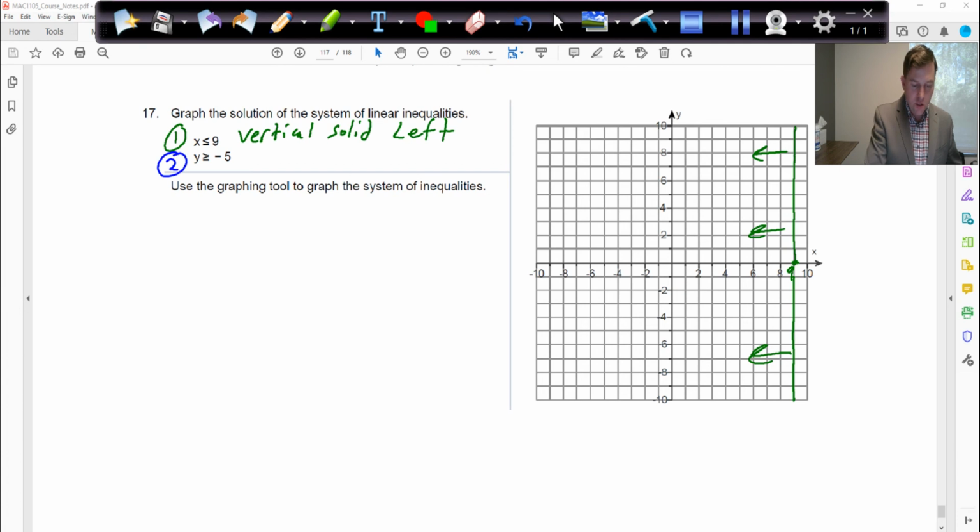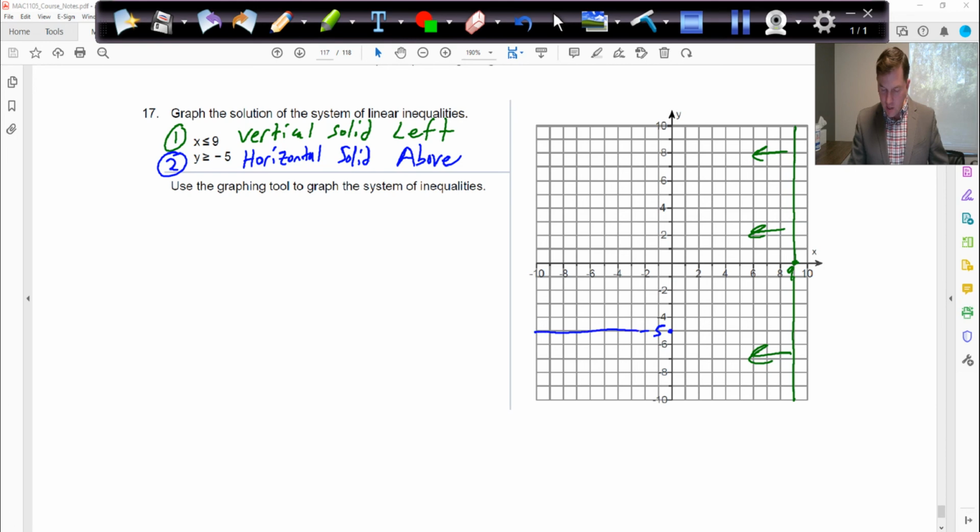Okay, equation 2, y bigger than, this is a horizontal line. It's also solid because of the equal to bar, and because it's greater than, we want to shade above it. So we go to y equals minus 5 right there.